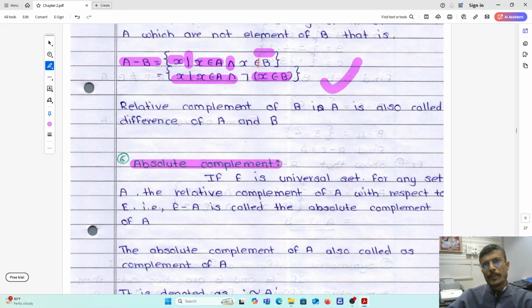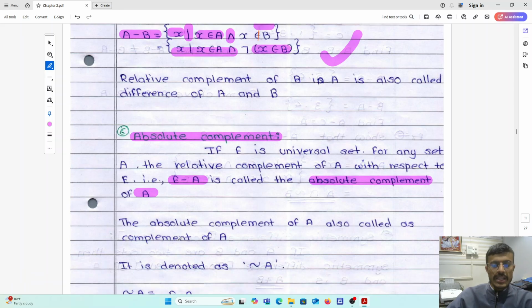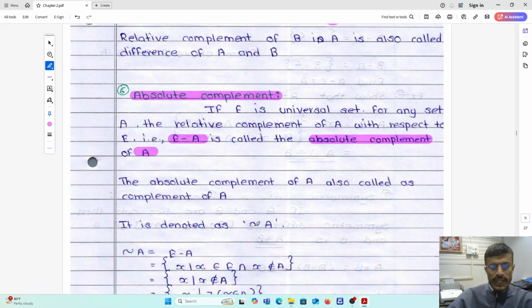The absolute complement is nothing but the universal set minus A. That is the notation for the absolute complement of A in E. It is E minus A, which is equal to negation of A, or simply represented as X such that X belongs to E and X does not belong to A. So that is the absolute complement.